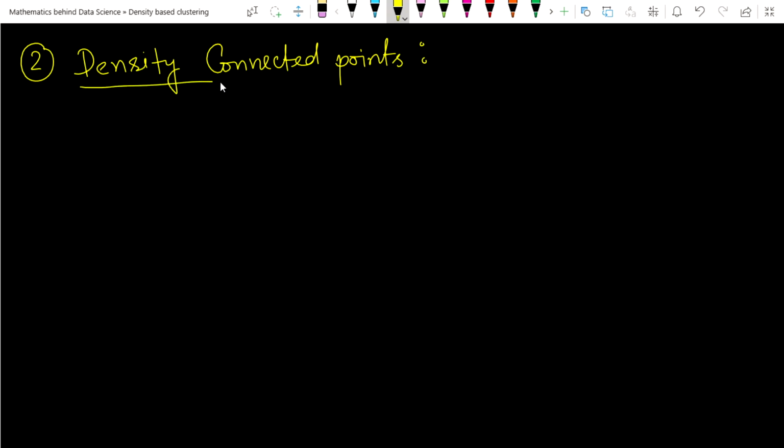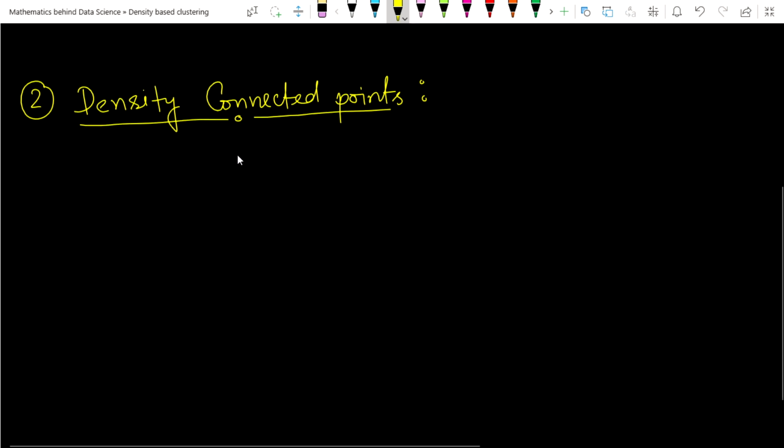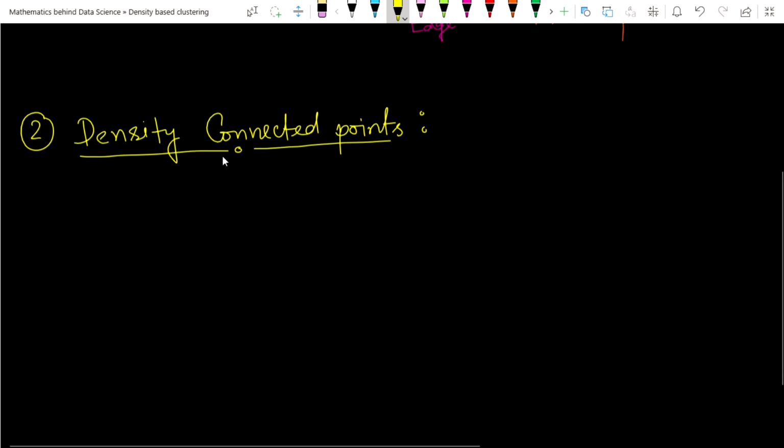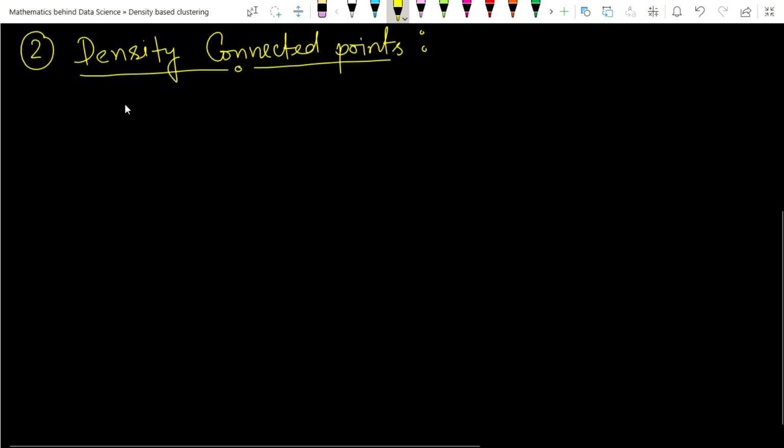What is density connected? First, take 2 points.